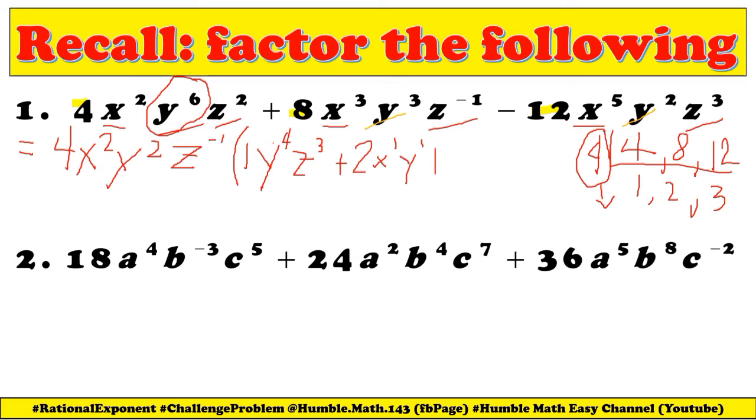Then on the other term, since it is subtraction, negative 12 divided by 4, so we have negative 3 as the quotient. Now we have x to the 5 and x to the 2 as the outside factor.